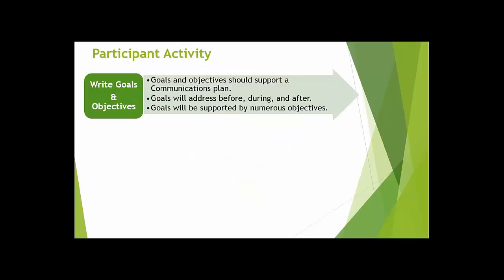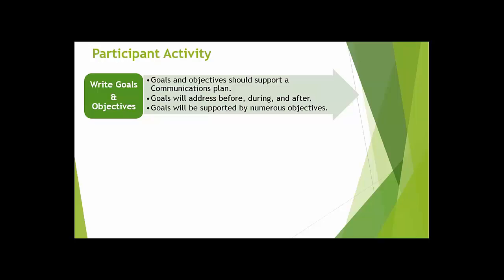Within your school's emergency operations plan, write goals and objectives to support a communications plan. If you have a plan already, review the plan and edit it as necessary. Save your work, because this will be a foundation for 2 more activities.